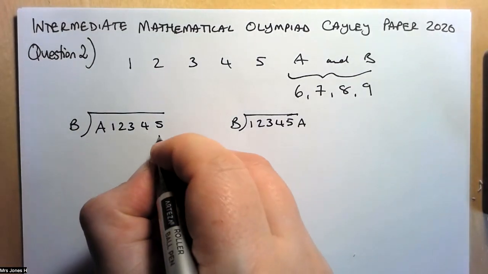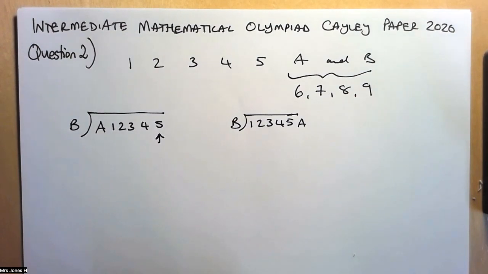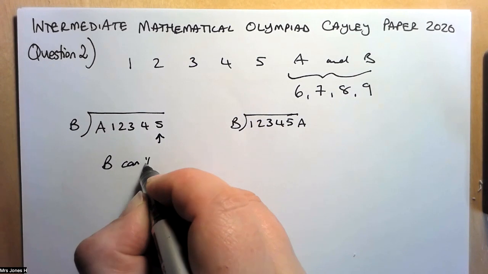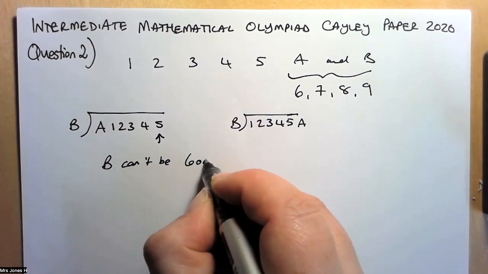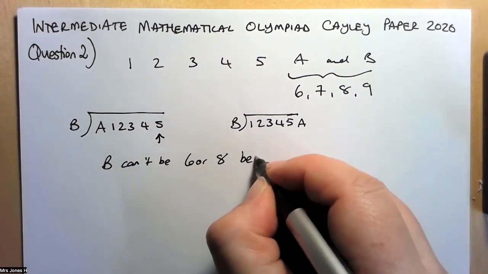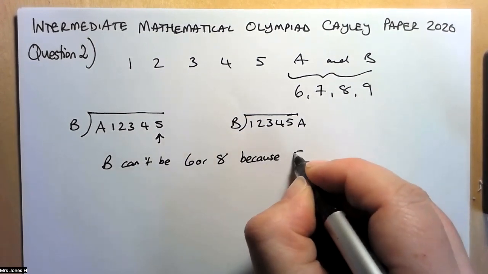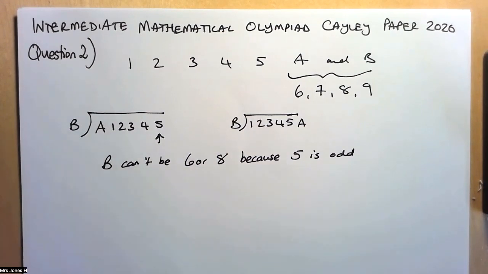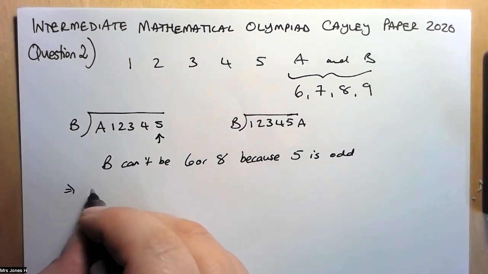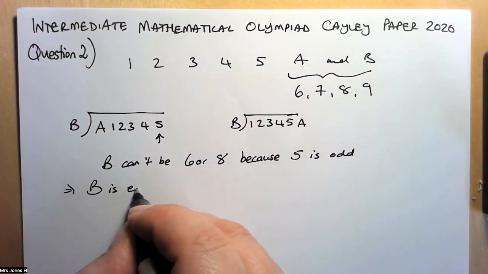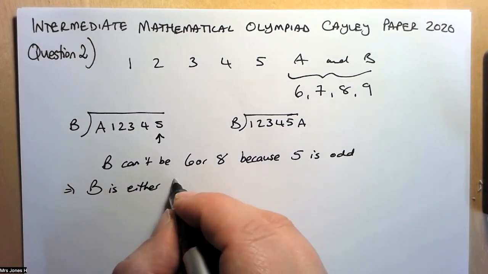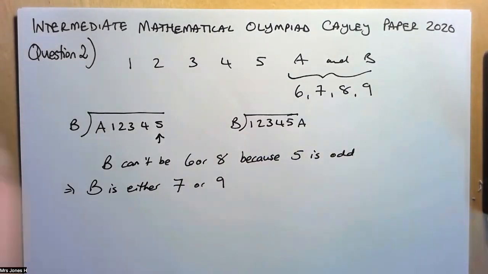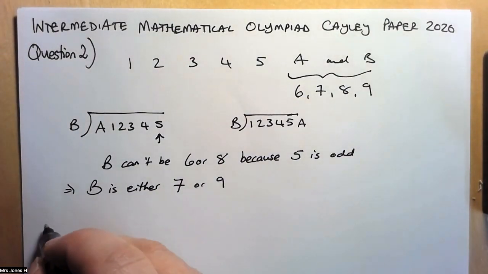Now with this one, this digit is a 5, therefore B cannot be 6 or 8 because 5 is odd. So we've already discounted those. So therefore B is either 7 or 9. A can still be 6, 7, 8 or 9. So let's take it one at a time.